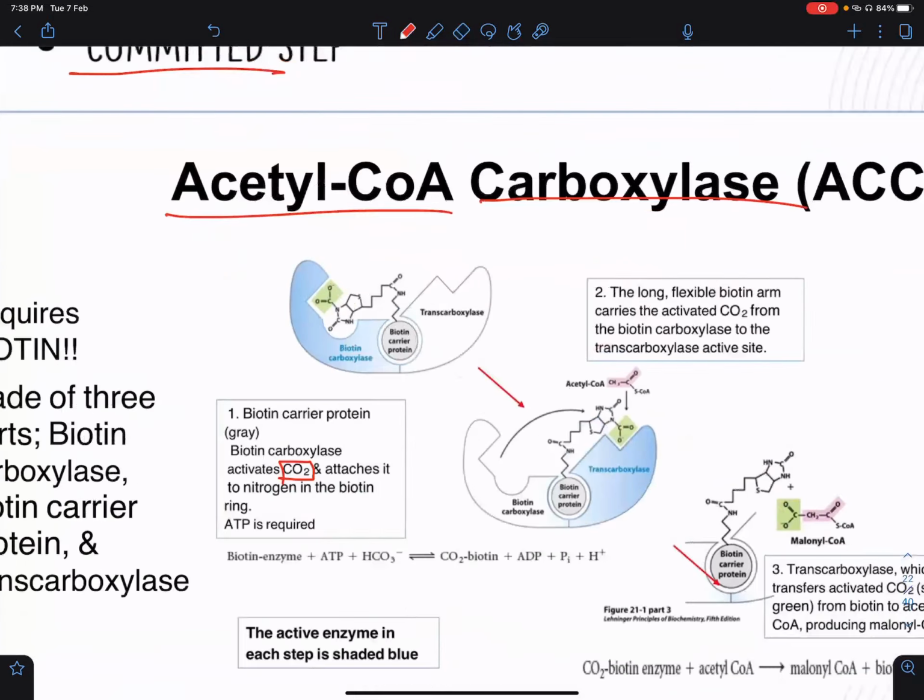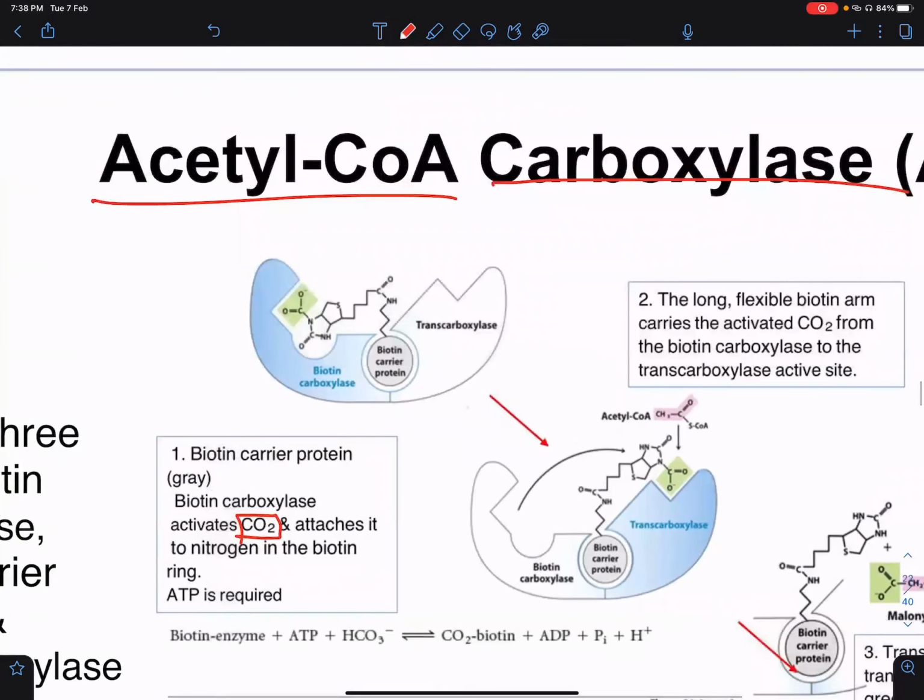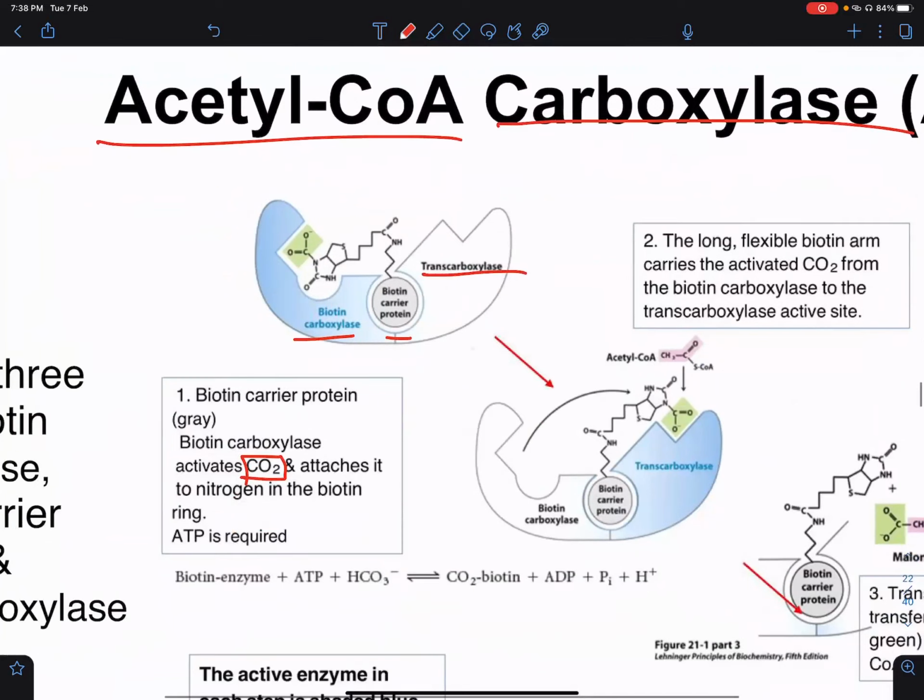So basically, the acetyl-CoA carboxylase is made of 3 components: the biotin carboxylase, the biotin carrier protein, and the trans carboxylase. So the first thing that's going to happen is the biotin carboxylase, from the name, biotin carboxylase, it's carboxylating the biotin.